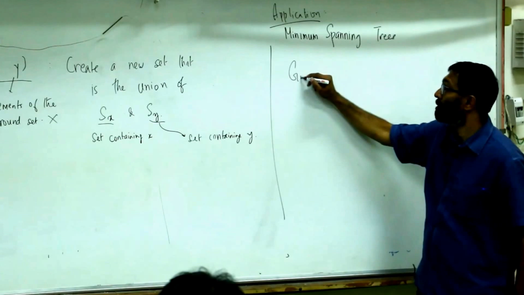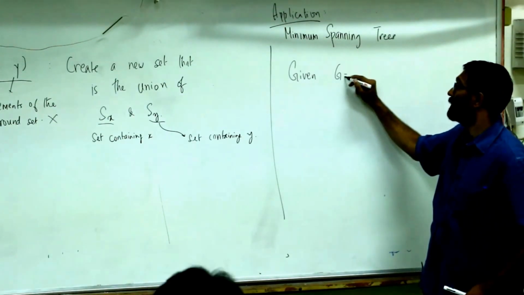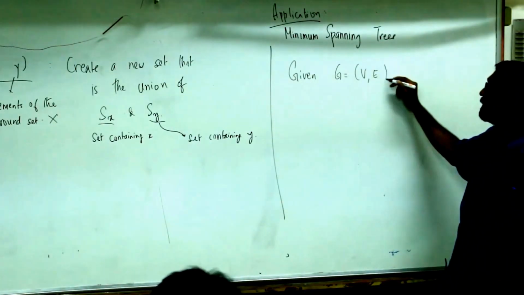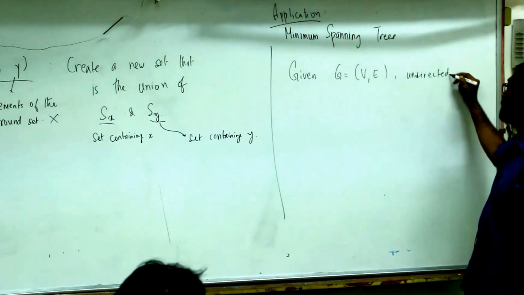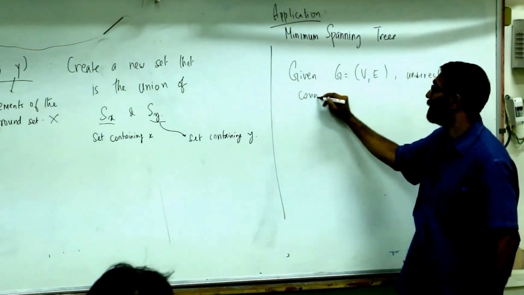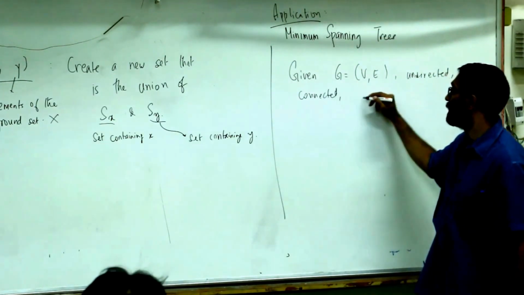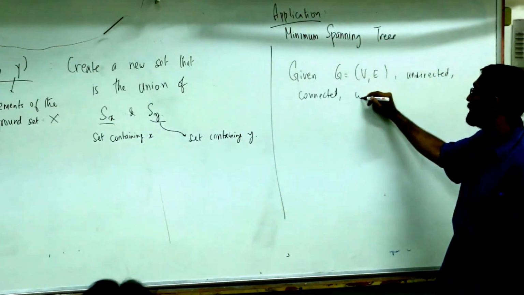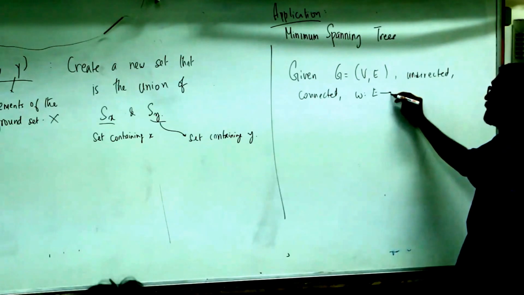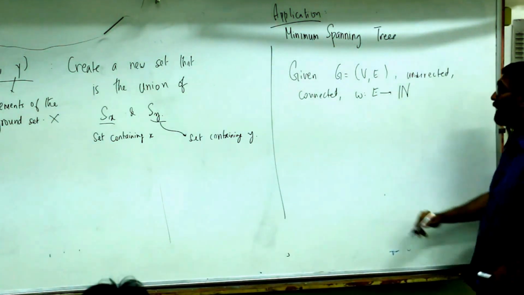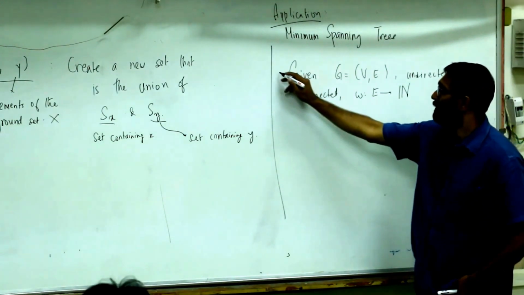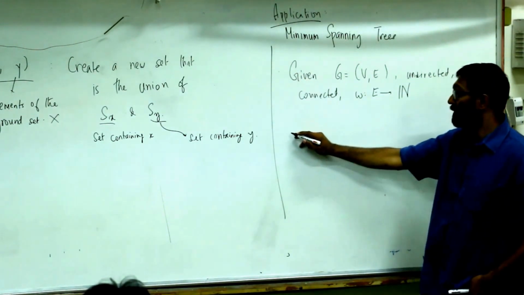So you're given a graph, undirected, connected, and let's say a weight function from the edges to the natural numbers, and this is the input to the MST problem.